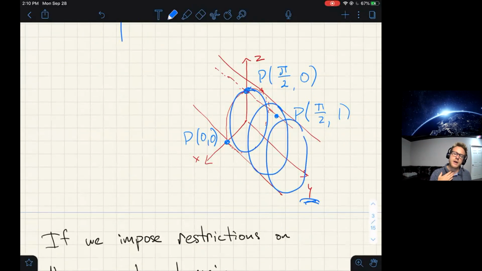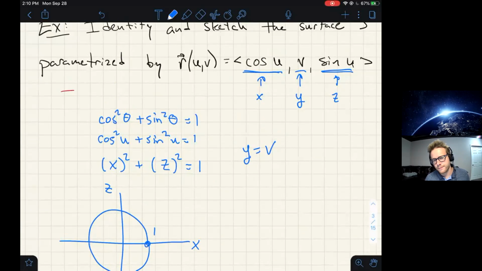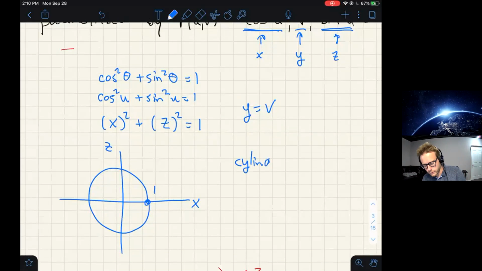And likewise, whenever I say y, I could be saying v. v equals 0, v equals 1, v equals 2, because here, y and v are the same. So this is a sketch of what it looks like. And if I wanted to say in words, this is going to be a cylinder.